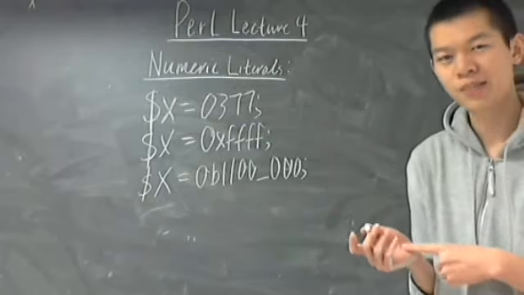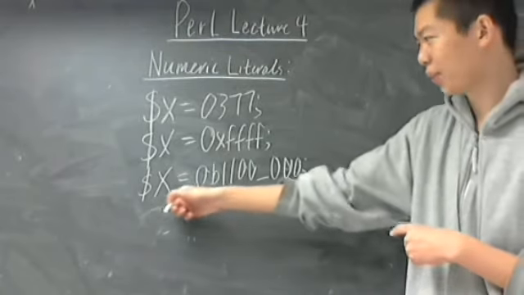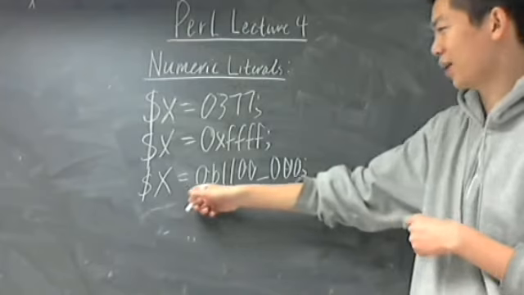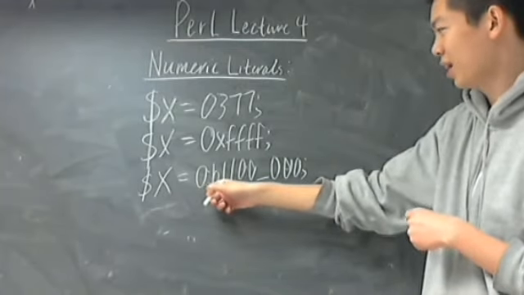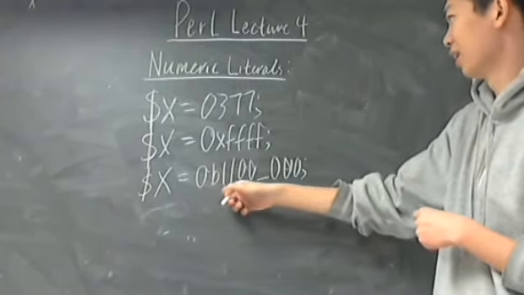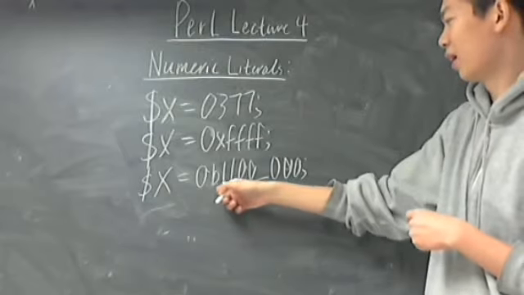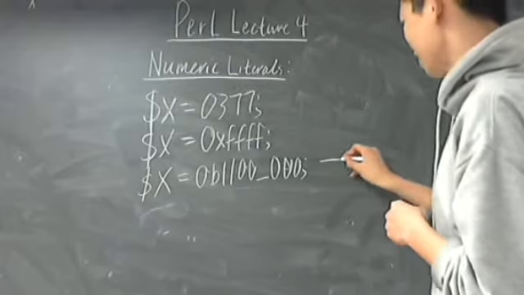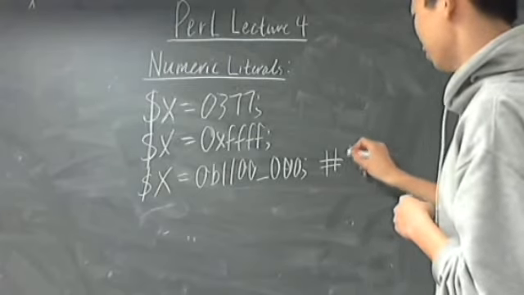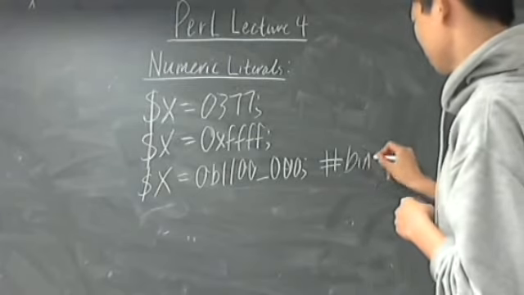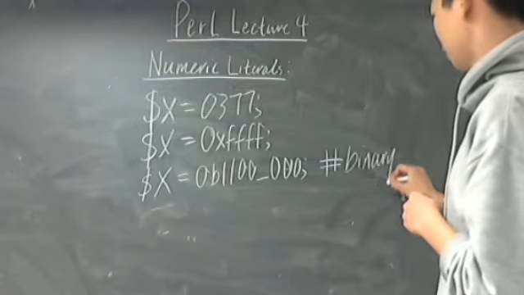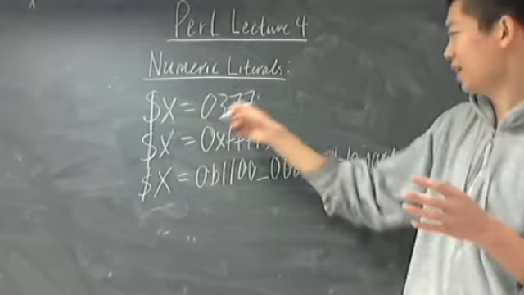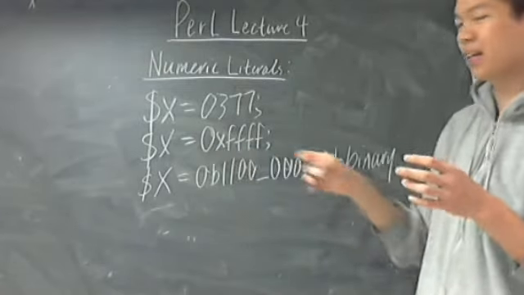And bits is a base 2 number system. And to express bits in Perl, you have to use this sign right here, okay? 0b, along with the literals of the binary number that you want to express, okay? So this is binary, base 2. Now, this is base 16, okay?